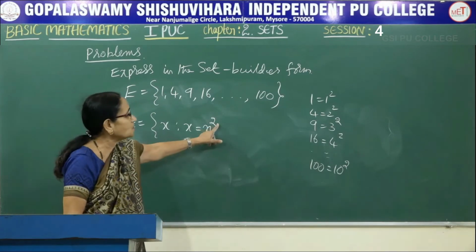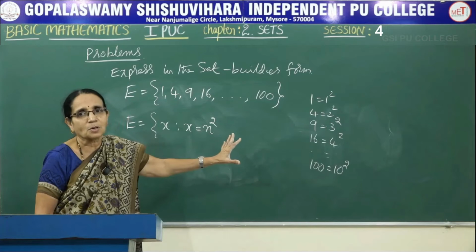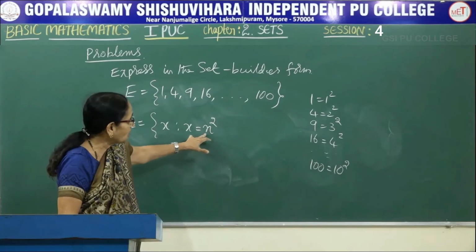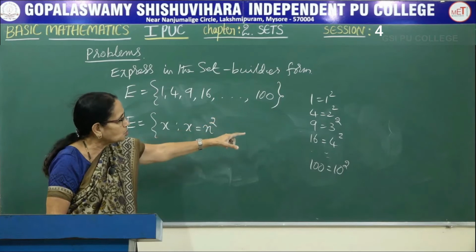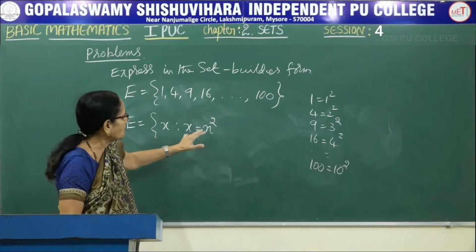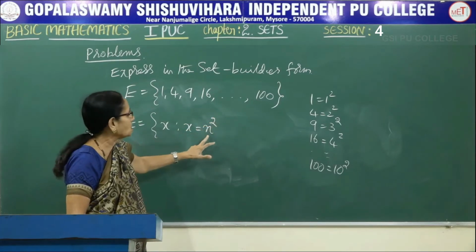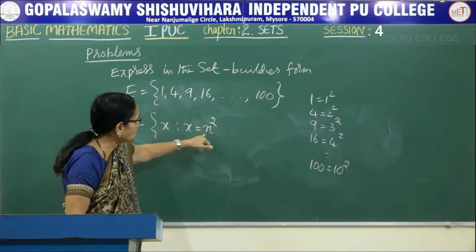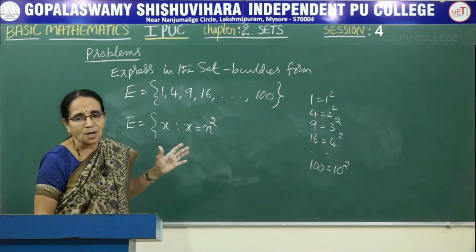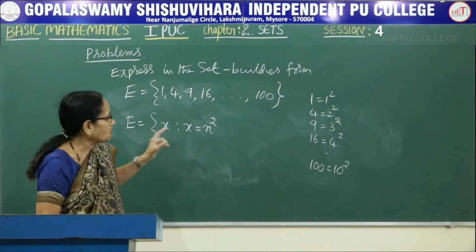Whereas here the index is the same, all of them are square numbers only, but the base is having different values, 1, 2, 3, 4, like that. So here the index remains the same, the base is changing. In the second and the third problem, the base was the same, the index was different. So it is x is equal to n square.